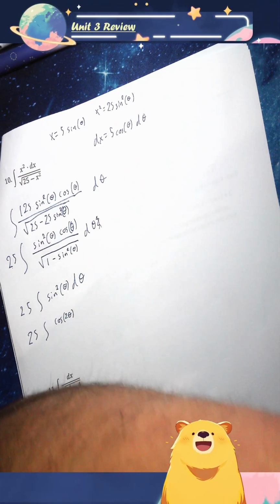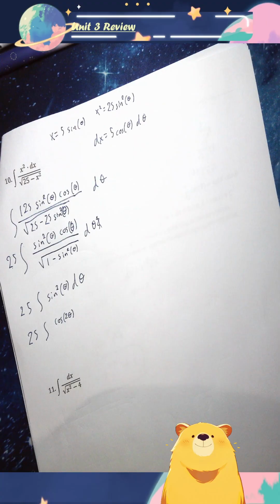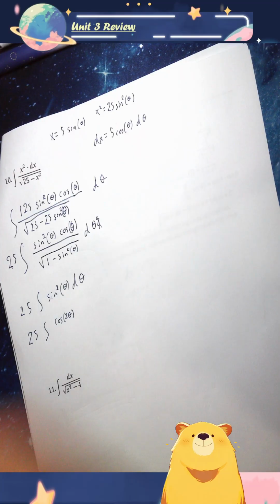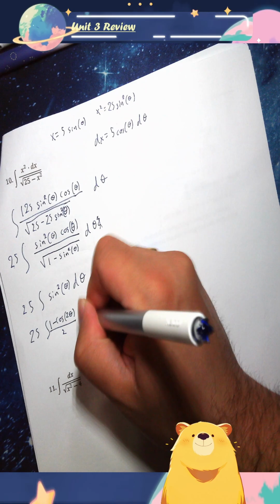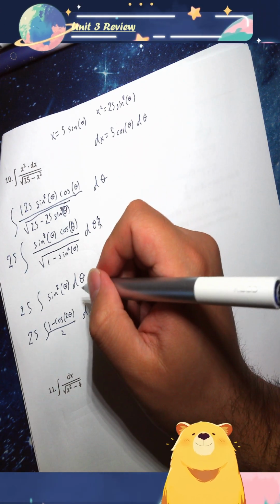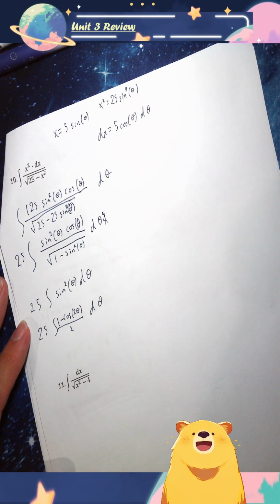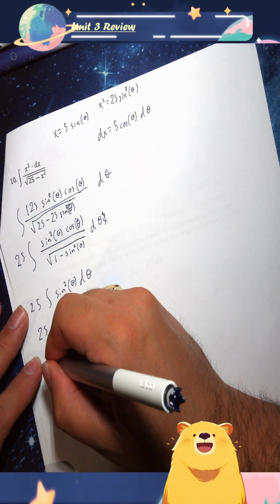But I do generally forget, I might as well just not stumble and look for it. So 1 minus cosine of 2 theta over 2 d theta. Okay, well, in that case, you factor out the 1/2, but then you basically have the answer at this point.